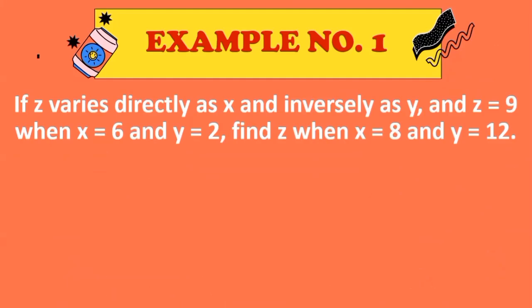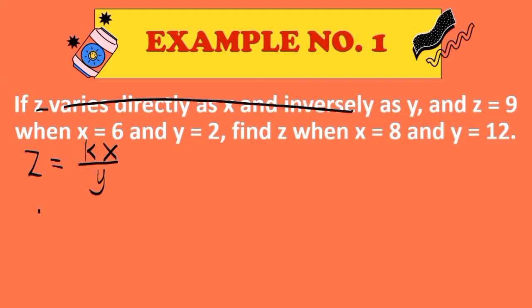Okay, so as you all know, translate the first statement into an equation. z varies directly as x and inversely as y. From the first given, z is 9 when x is 6 and y is 2.